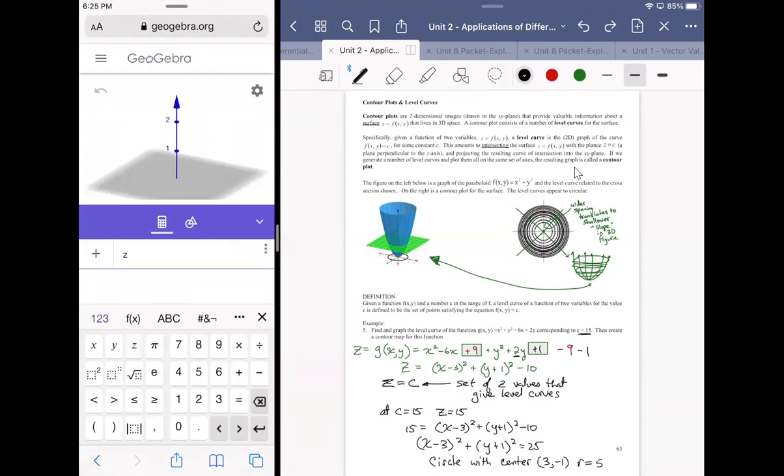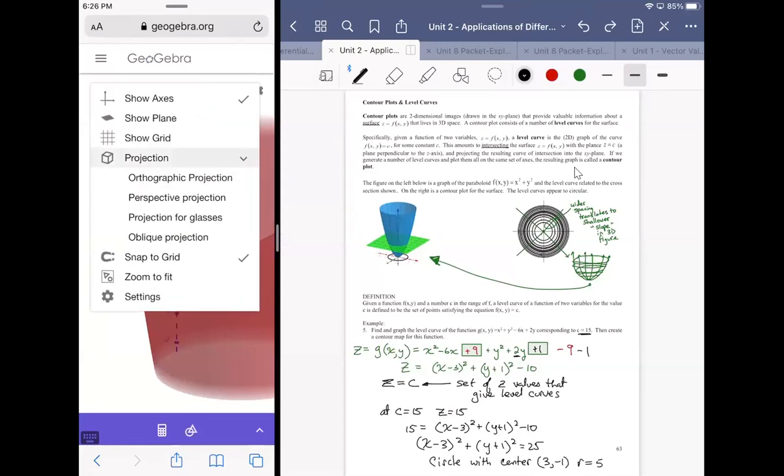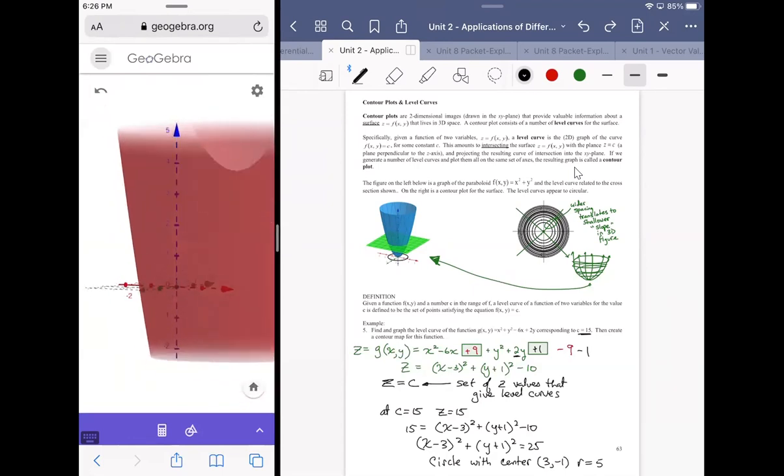Z equals x squared plus y squared minus 6x plus 2y. And let me just get rid of that plane again. We don't like the plane, we like the grid. Oh, not the projection, the grid. All right, so I'll hit home.